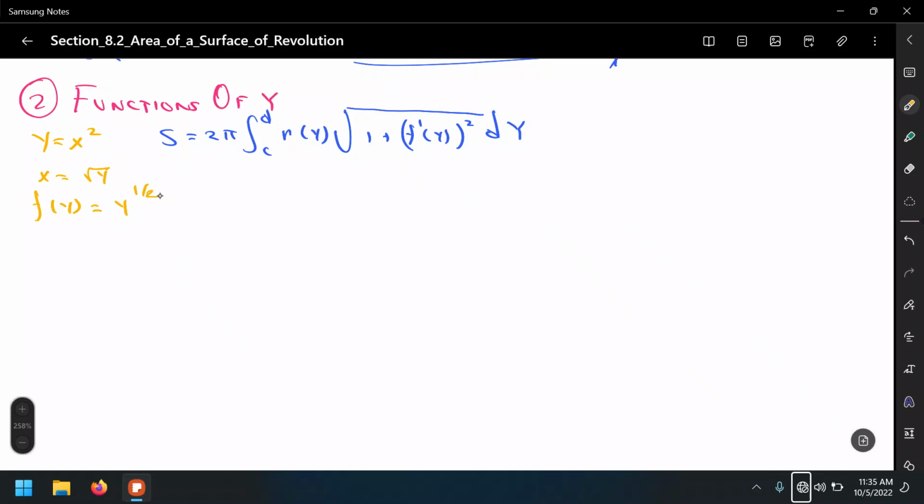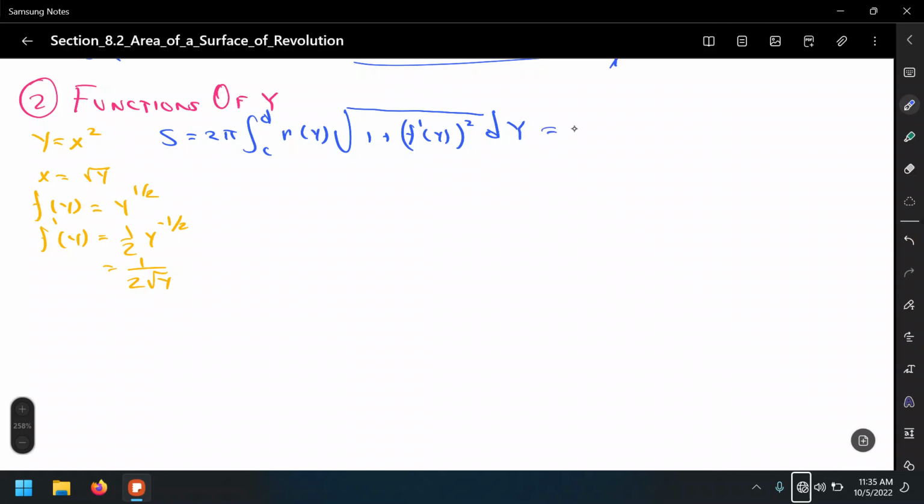That's y to the 1/2, and the derivative, that's 1/2 y to the negative 1/2. And in this case, that reduces to 1/2 root of y. It's important to reduce our derivatives. Don't leave it in terms of negative exponents, because these derivatives are going to be used to square and simplify stuff inside of the radical.